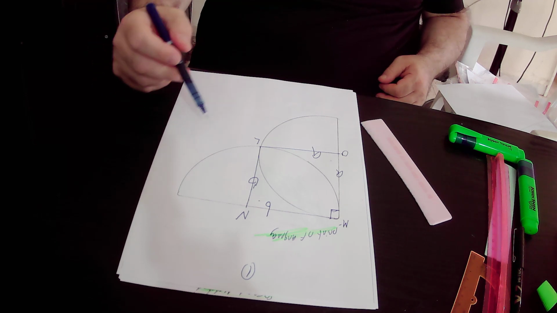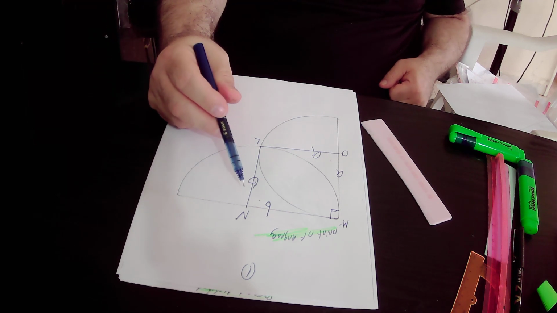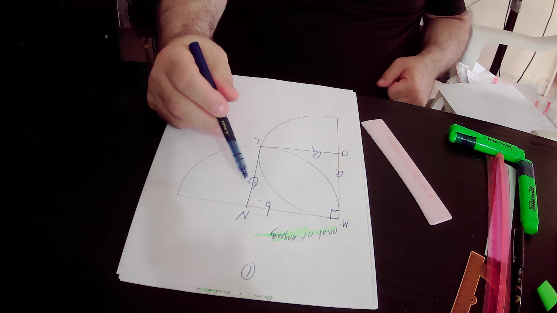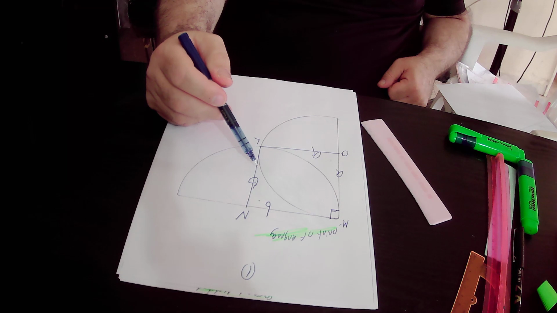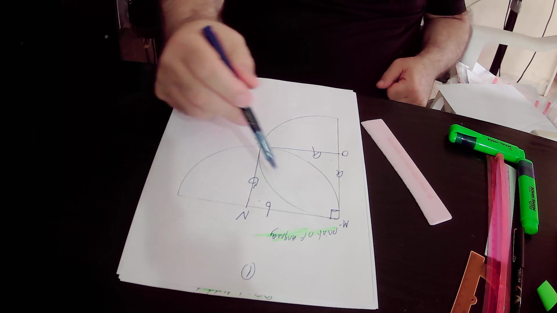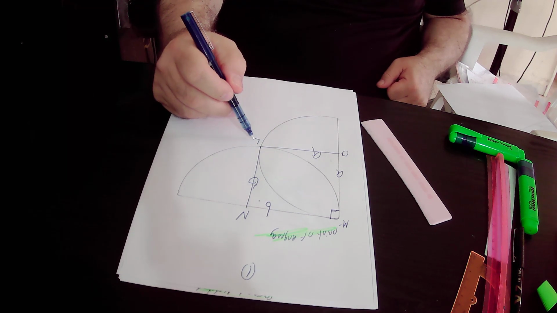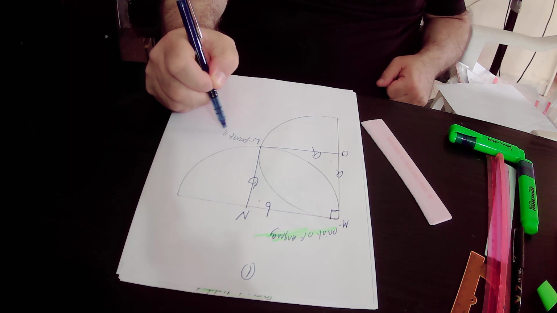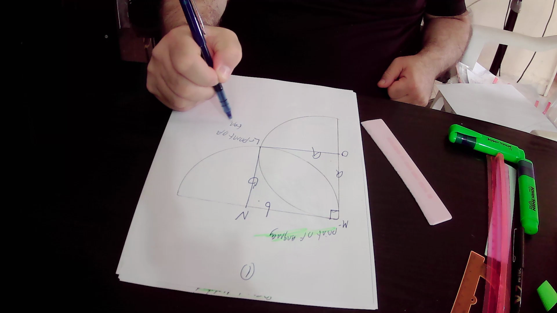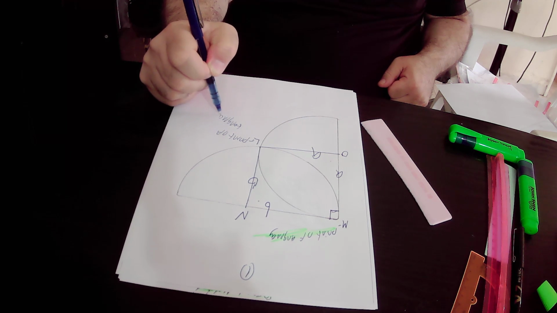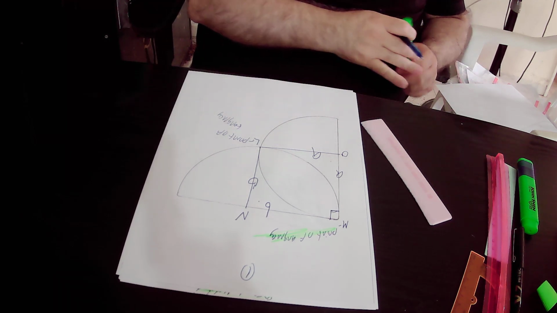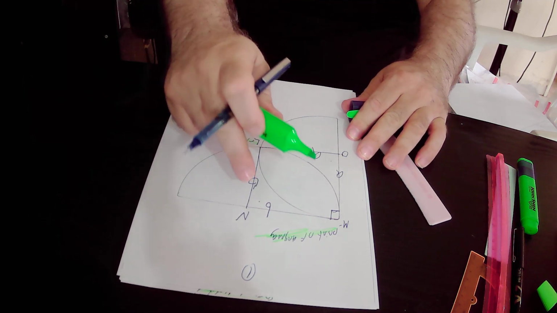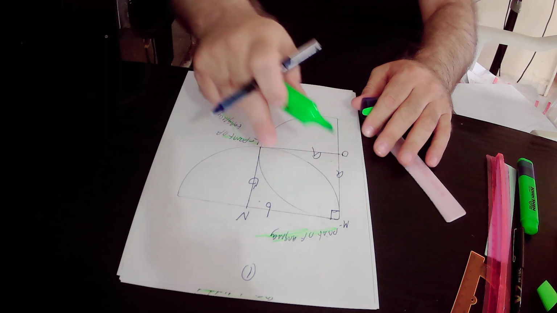Here we have NL. It is not only the radius, but it is also tangent to this semicircle at point L. Point L is the point of tangency of tangent NL with this semicircle.